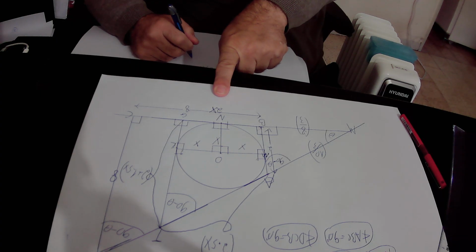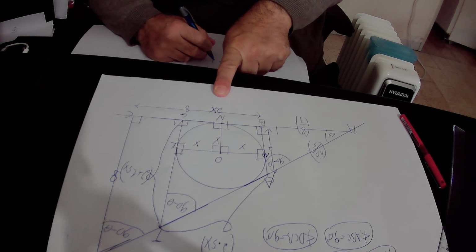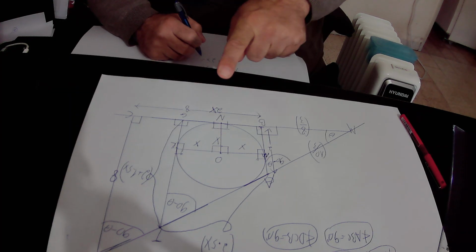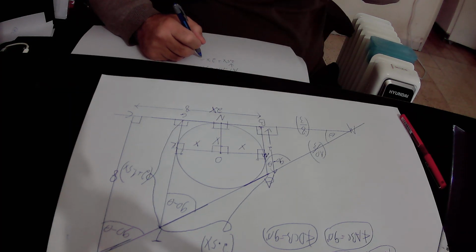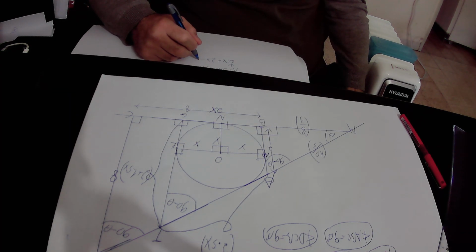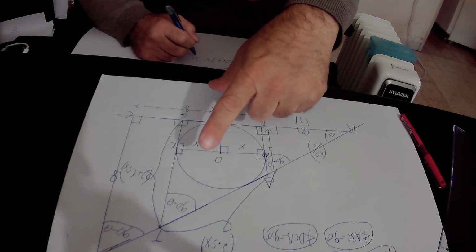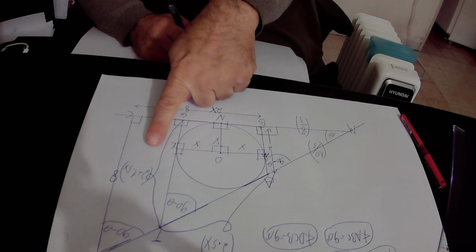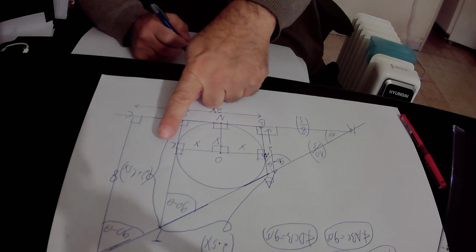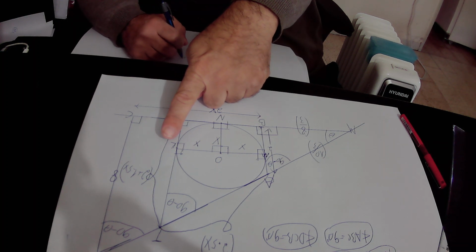We have already found out that BG equals 2x, so we substitute BG by 2x, and it is equal to AB. AB is 2, according to what is given, so we substitute AB by 2 plus TG. TG equals 2 plus 1.5x. So we substitute TG by 2 plus 1.5x.